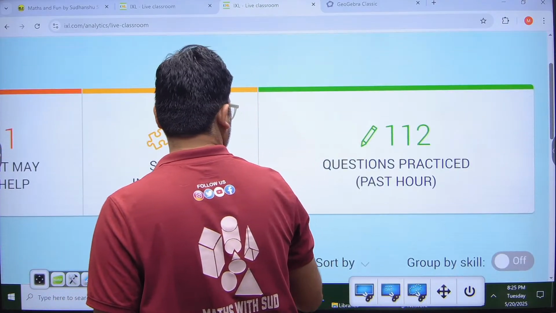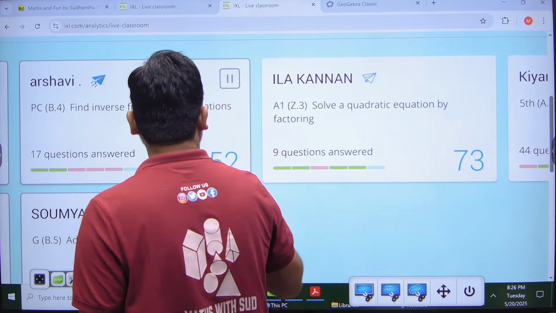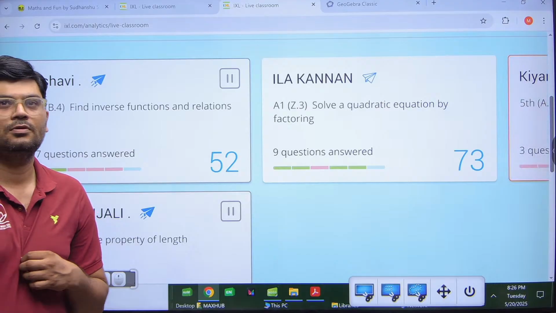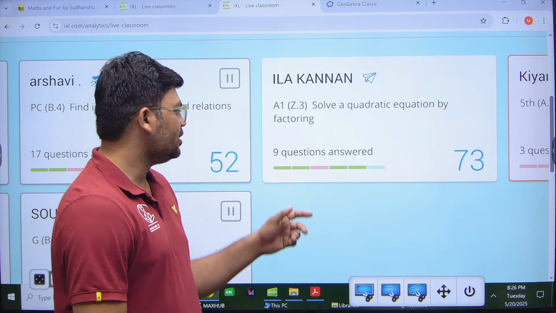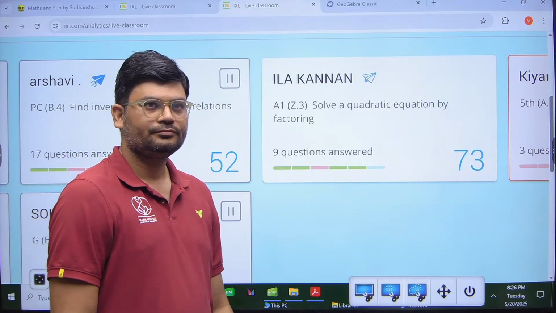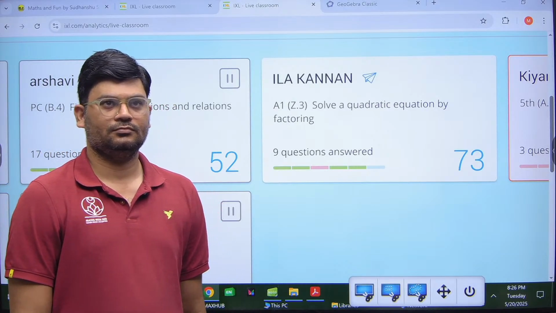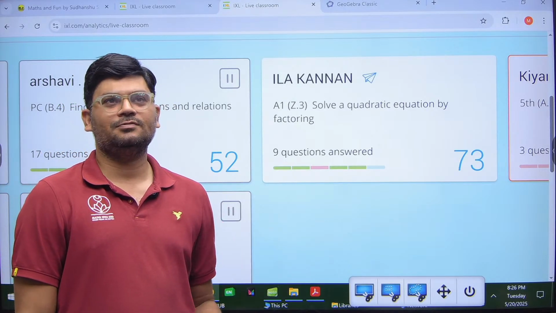Okay. Complete the square. So you were doing Z3. I want you to start with Z4 now. Please complete this in your free time. Means after the class, when you have free time.